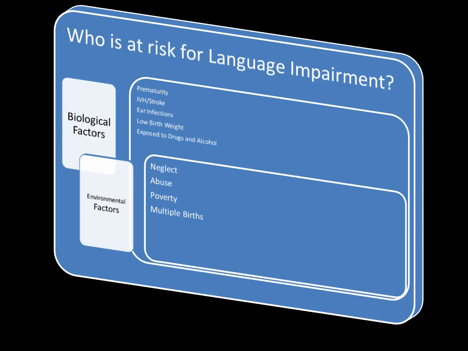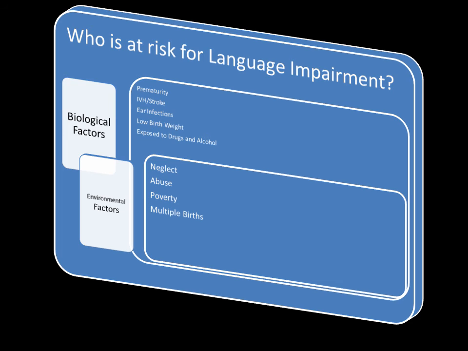An intraventricular hemorrhage or a stroke can occur in premature infants, either in utero or even out of utero, that can affect language impairment.